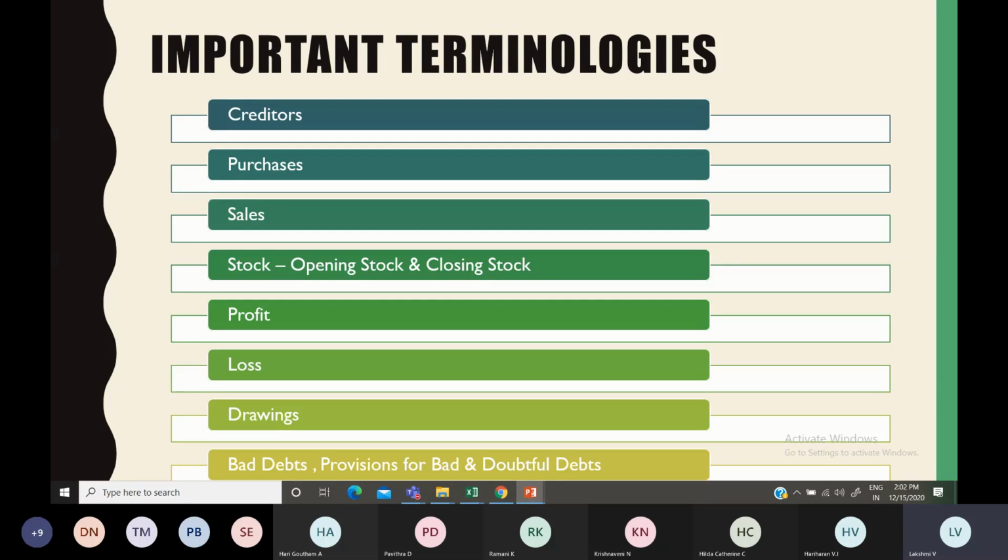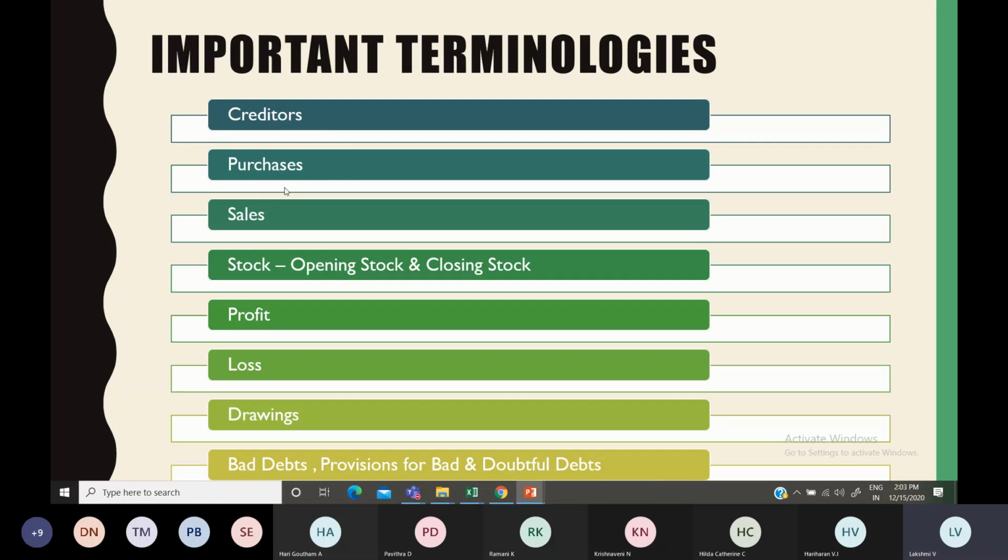A supplier might have provided me some raw materials, money's worth, or even money itself, finance itself. So those people who have given me money or money's worth, we name them as creditors, and they are considered as current liability. So debtor is considered as a current asset and creditor is considered as a current liability.